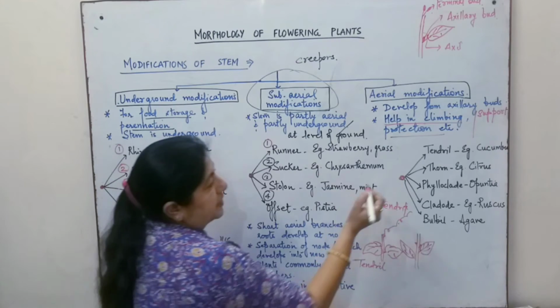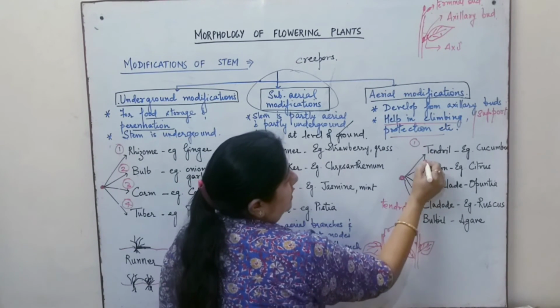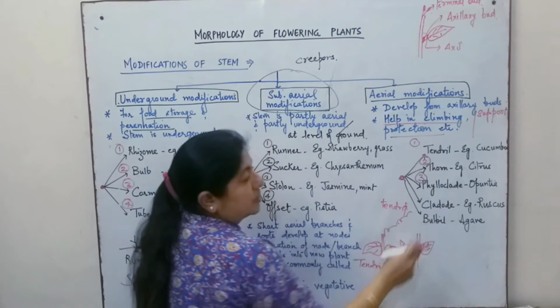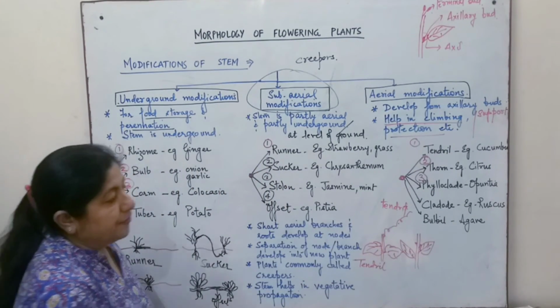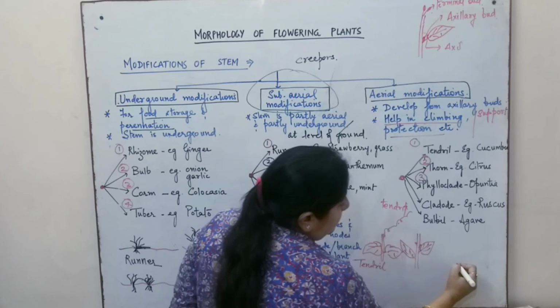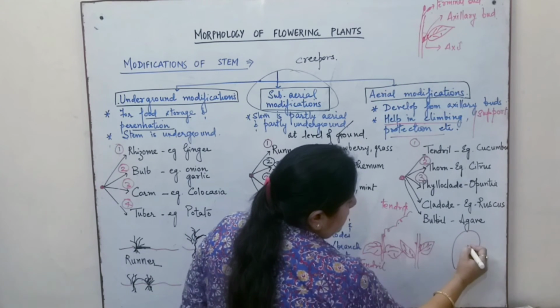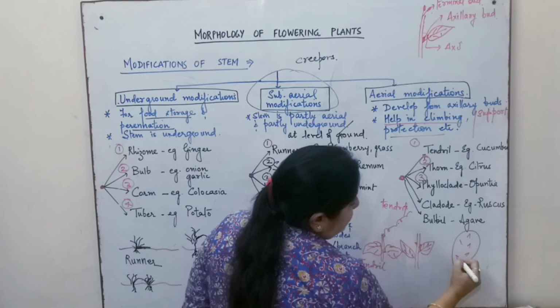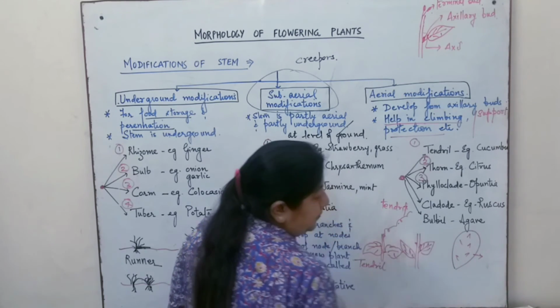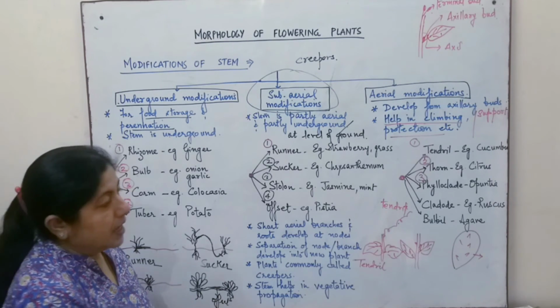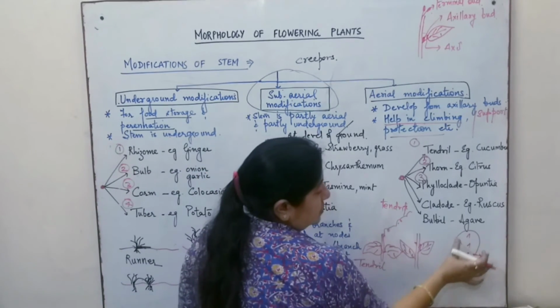The third aerial modification is the phylloclade. The phylloclade is an example which all of you are familiar with, and that is Opuntia. Here, this flattened structure is a modified stem only. Here the food is stored.